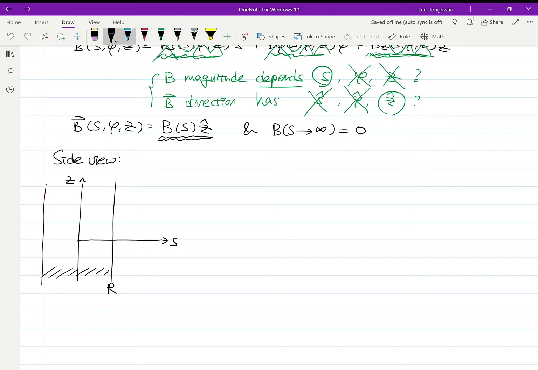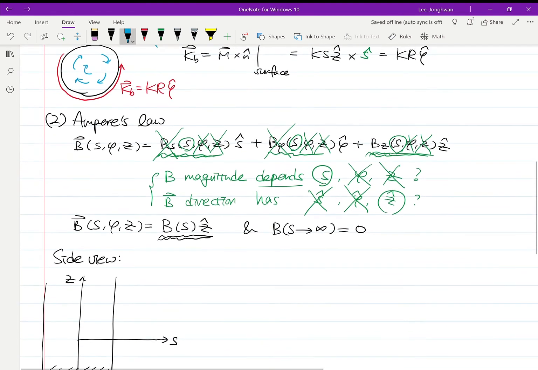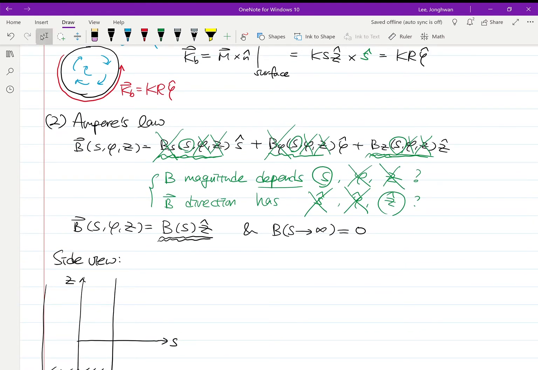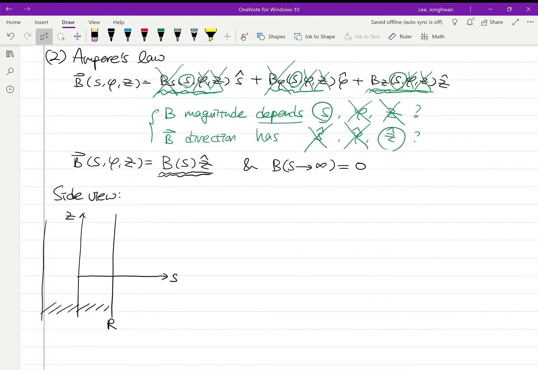If you look at the previous figure I drew, the volume current is flowing inside the cylinder along the negative phi hat direction, so it should come out. And we have the K_B around the surface with the direction plus phi hat, which means it goes into the screen. Okay, this is K_B.